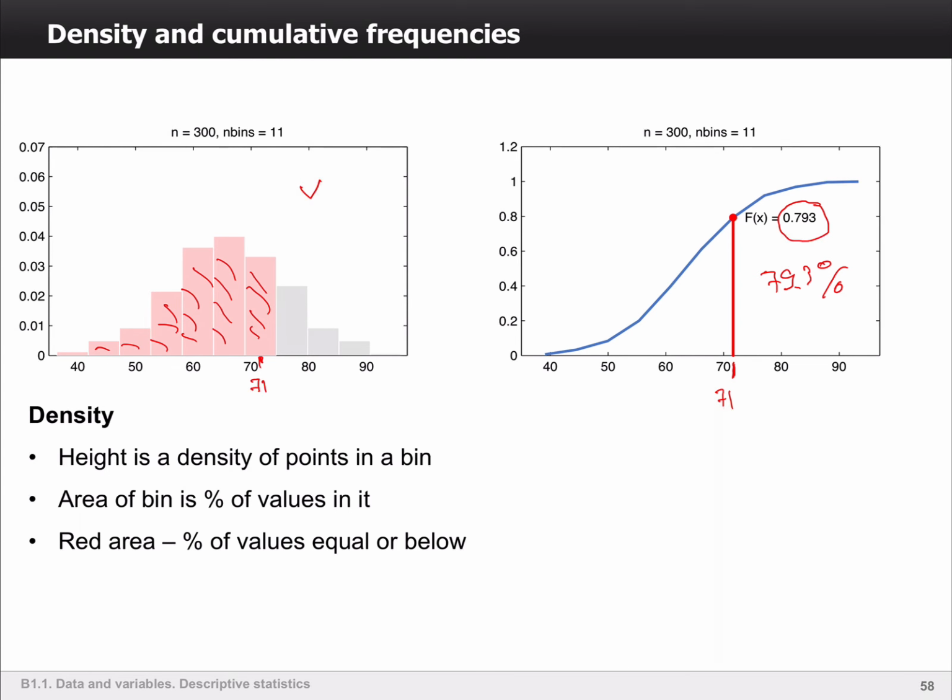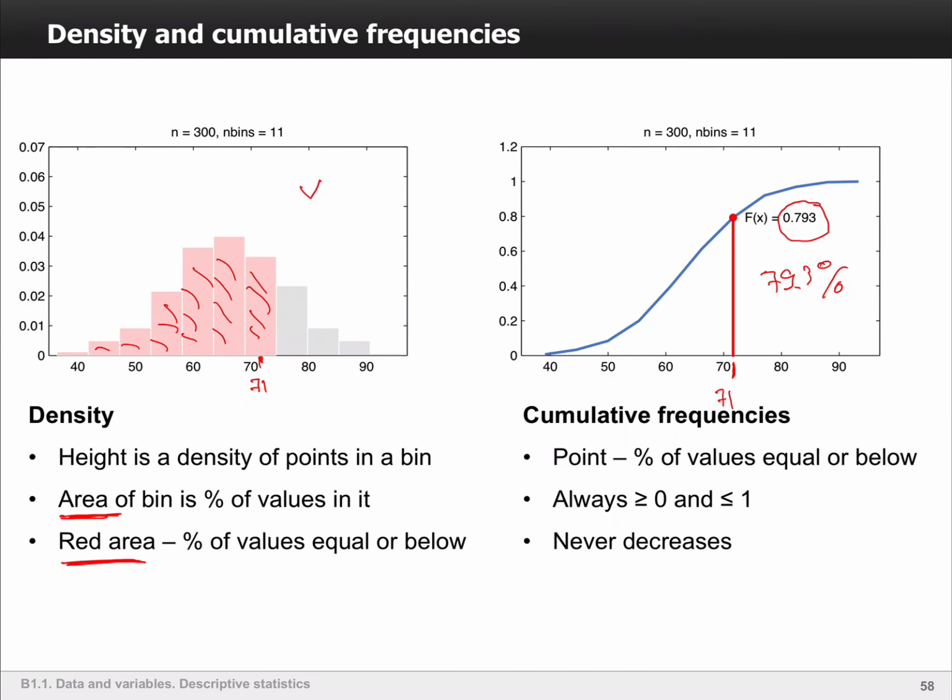So, summing up, in the density distribution, the height of each bar is a density. It's the relative frequency of the values divided by the width of the bar. So it means that the area of each bar is the relative frequency. And in the shown plot, the red area is the percent of the values equal to or below the given one. Okay.